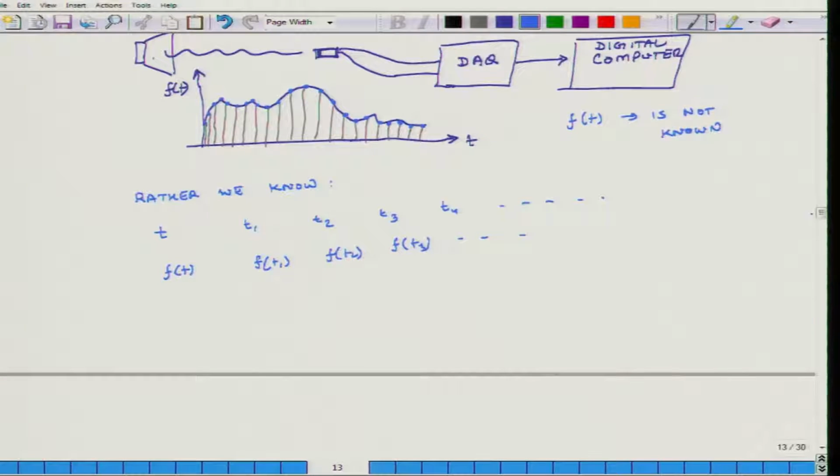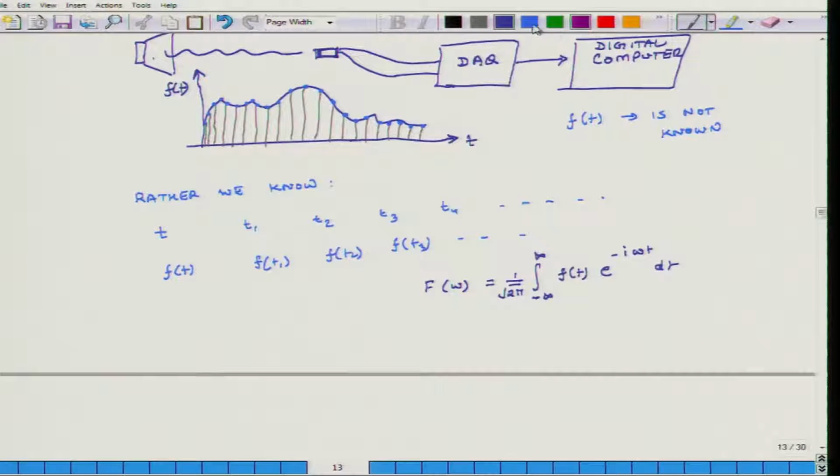So, if I have to do a Fourier transform for just points, I cannot do it, because my Fourier transform expression says that F of omega equals 1 over square root of 2 pi, integral from minus infinity to plus infinity of f of t e to the power of minus i omega t dt.